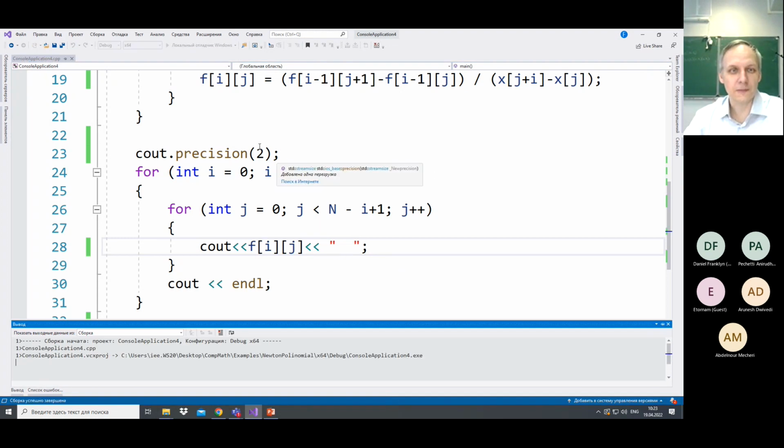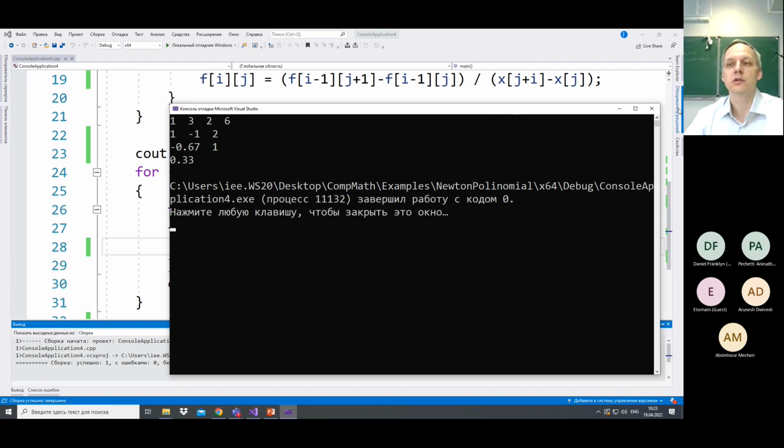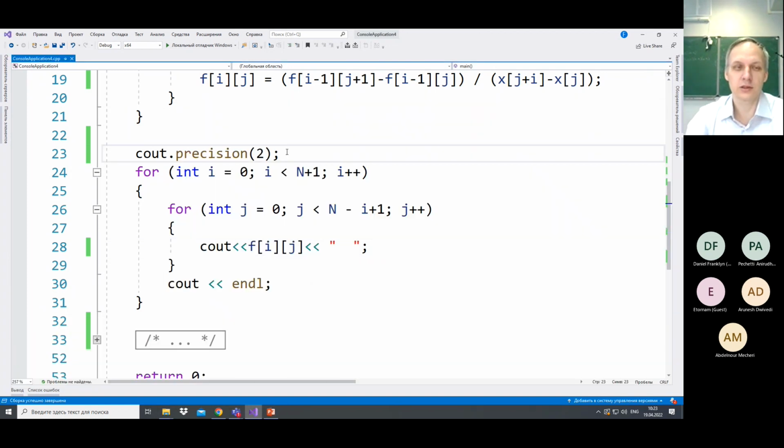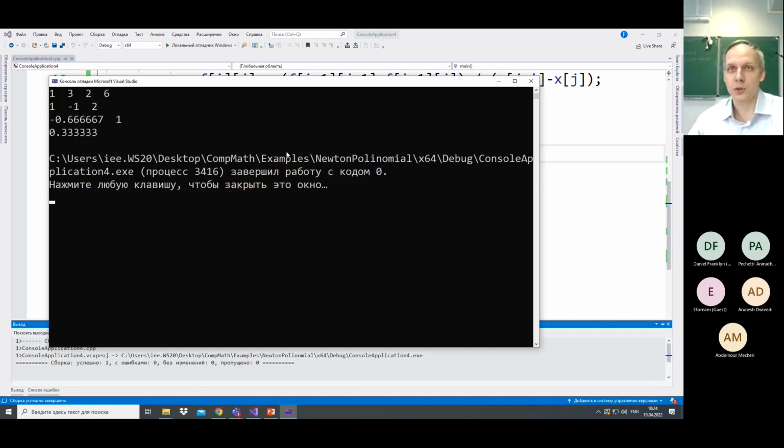See the output precision. I output only two digits after the point. If I comment this line, the compiler will output 6 values by default.